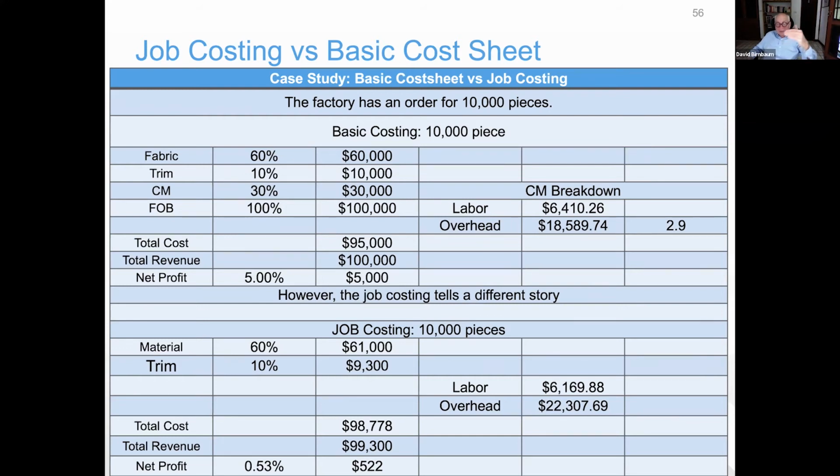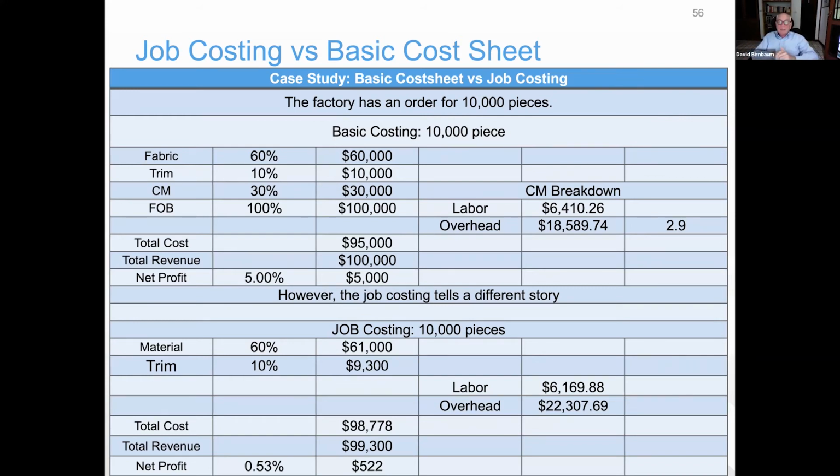The labor will save some money, but the overhead was greater than you believed. The total cost here was $99,000. The revenue was $99,300. Instead of making $5,000, you made $522.